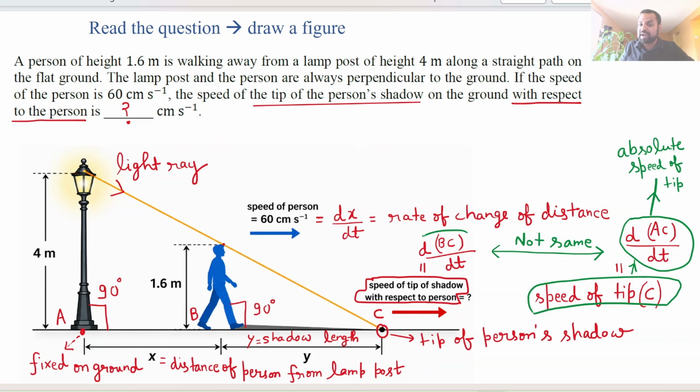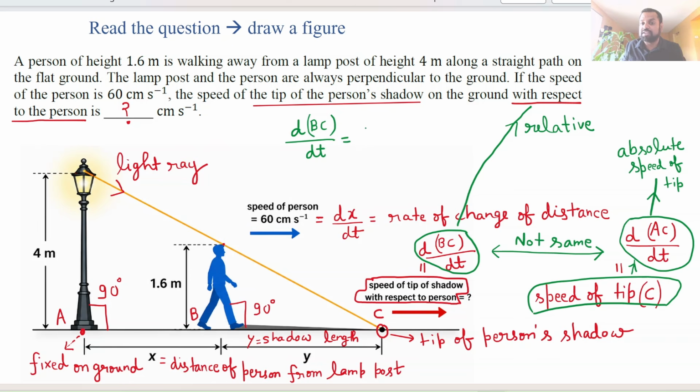But dBC by dt, that is the relative speed, right? So it is the relative speed. So the other way to look at it would be like, for example, we can write dBC by dt, right?